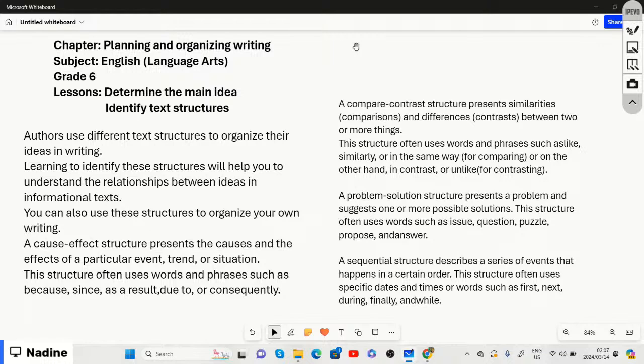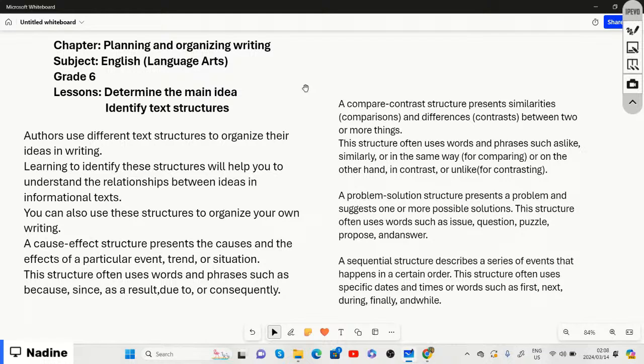Authors use different text structures to organize their writing or their ideas in writing.